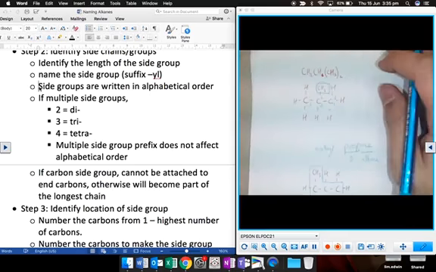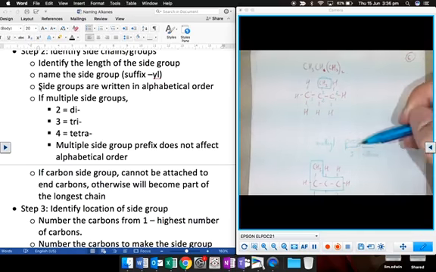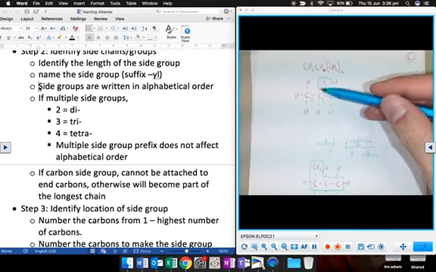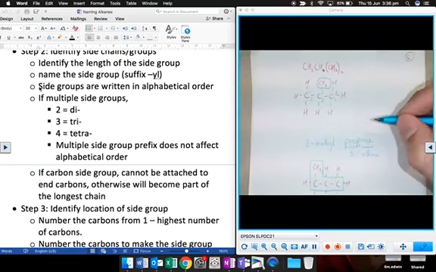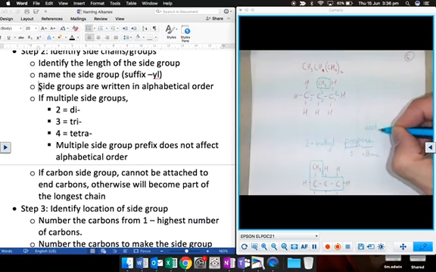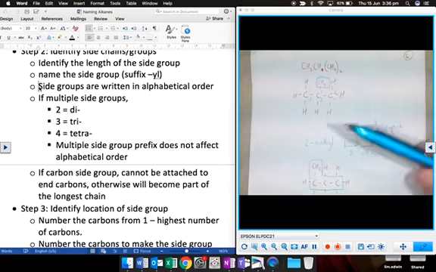Anyway, let's go back to this one. This is a methyl propane. Since it can't be a 1 or a 3, it's a number 2. We could call this 2-methyl propane. Alternatively, we can just call this methyl propane, and we don't need a number because it can't be a 1, it can't be a 3, otherwise it would be a butane.